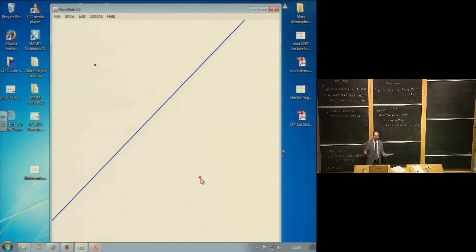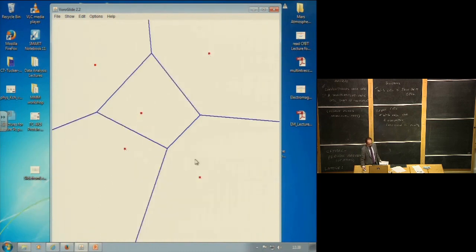Now, you're making a lot of money, so you buy a couple more pizza shops. So let's put in a couple more: 1, 2, 3. Okay, you have a bunch of pizza shops. And now, these are the Voronoi cells of each of these red points. So everything inside this region here is closest to this red point. That's its Voronoi cell. So if someone calls within this region, it's serviced by this guy who's closest to them, and so forth and so on.